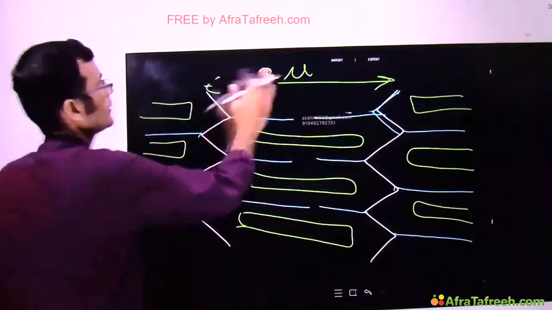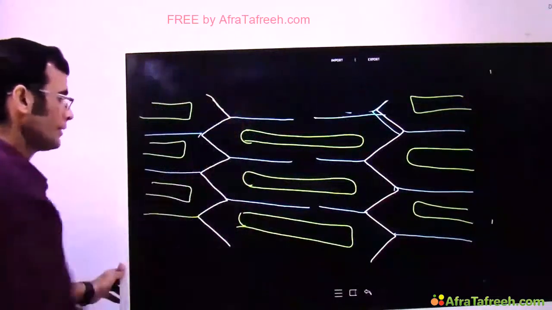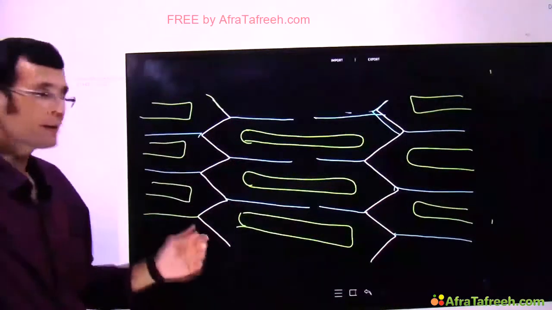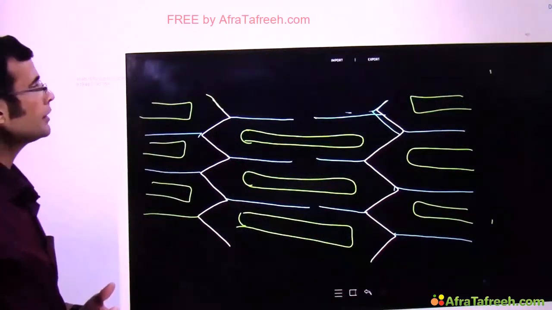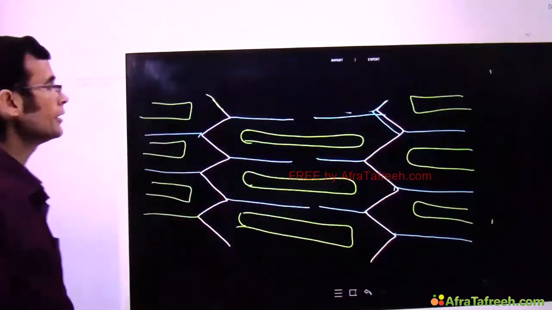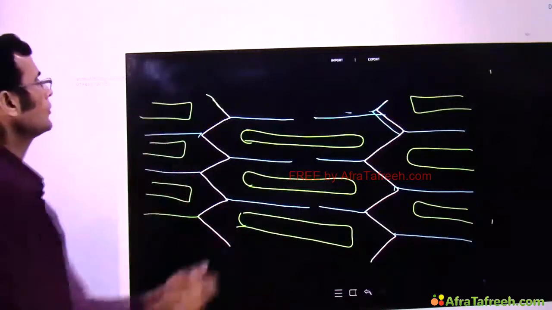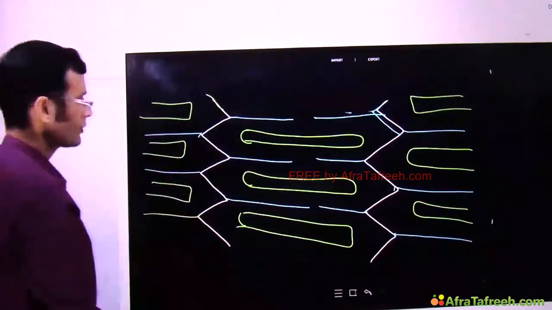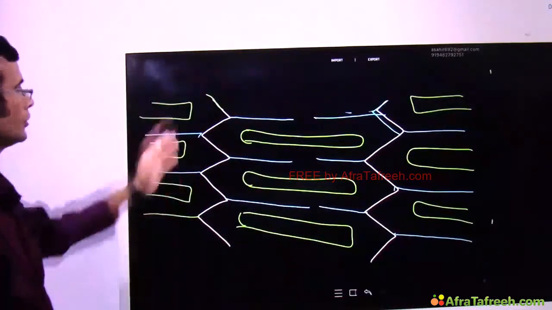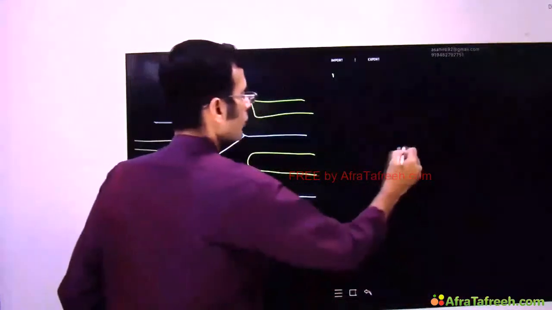Second issue is a ratio of thin and thick filaments. Now, this is a two-dimensional view, but in reality, sarcomere is a three-dimensional structure. It's inside the muscle fiber. So, if you see the transverse section across the Z line, the cross-sectional view of the Z line, it would be a hexagon.